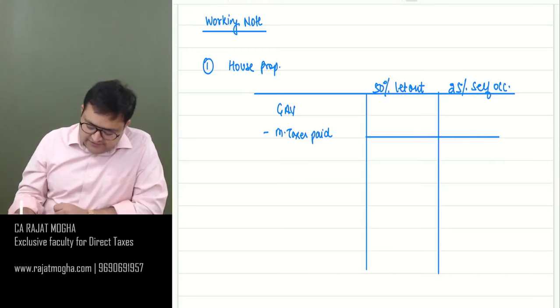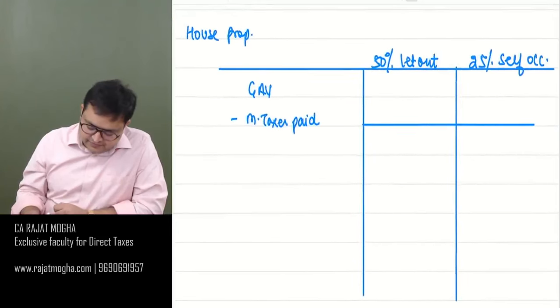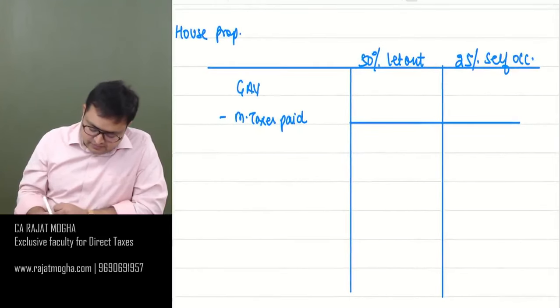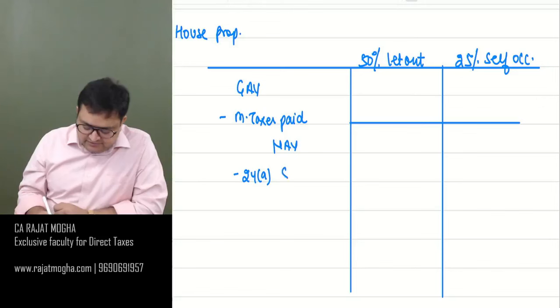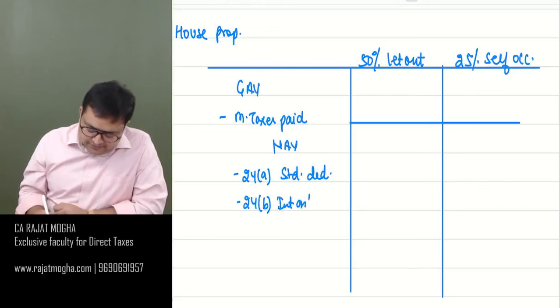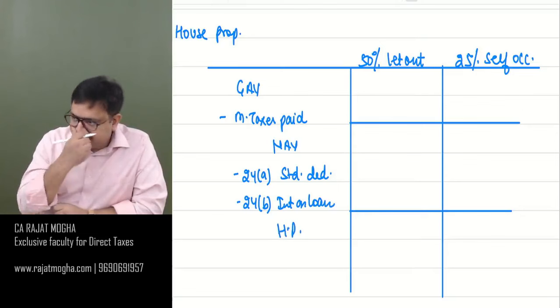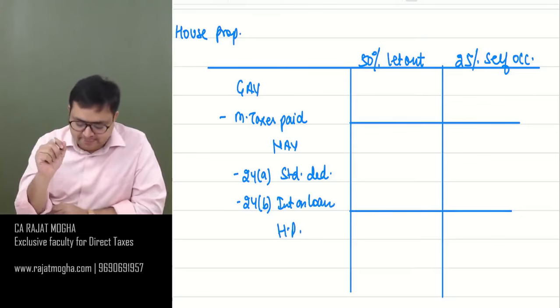We get NAV. Then 24A, even if you don't remember the section number, just mention standard deduction. 24B, interest on loan. And this is your house property income. Simple format.